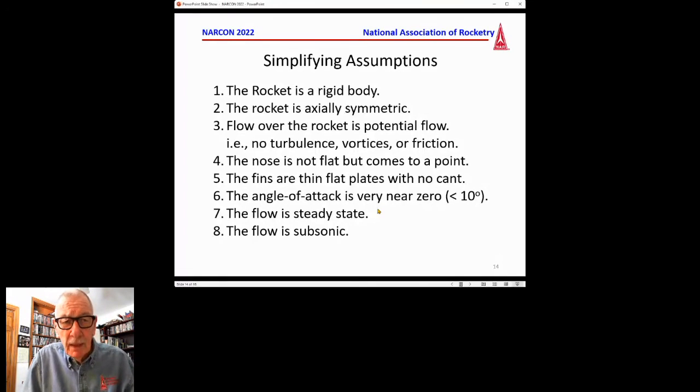The other key assumption is the fins are thin flat plates. Again, that's just so you can simplify the equations to the point where they're usable without a computer. A lot of aerodynamic analysis is done on computer in detail, and you can analyze all kinds of shapes and sizes, but as a rule, we don't have access to that kind of capability.